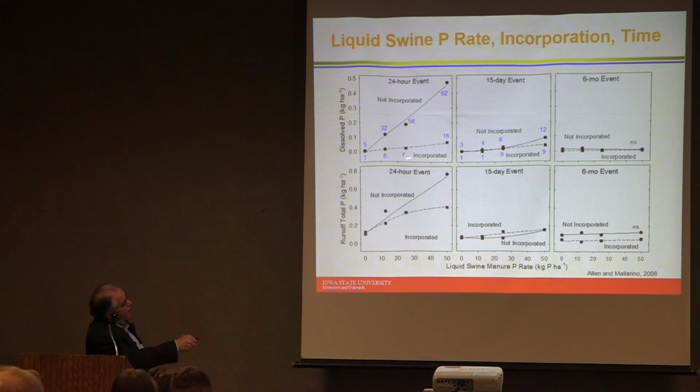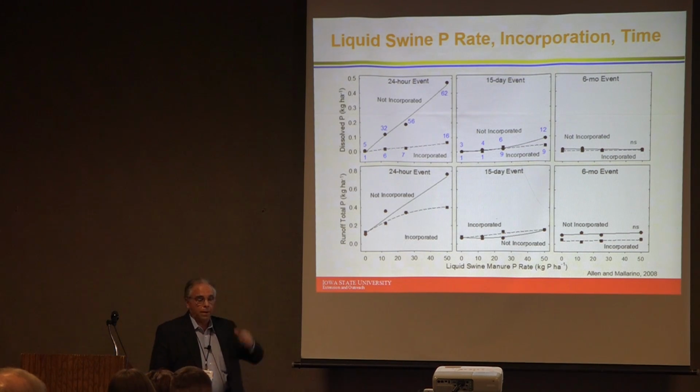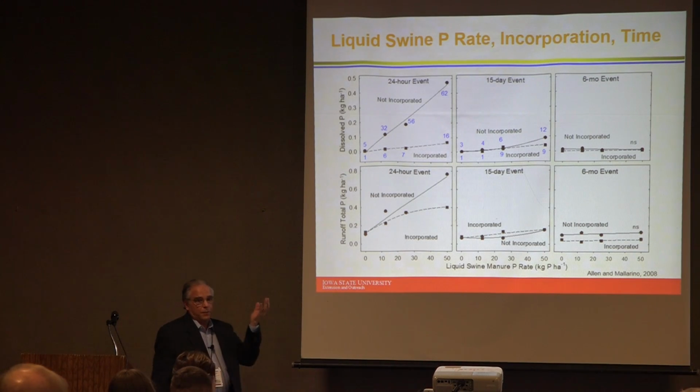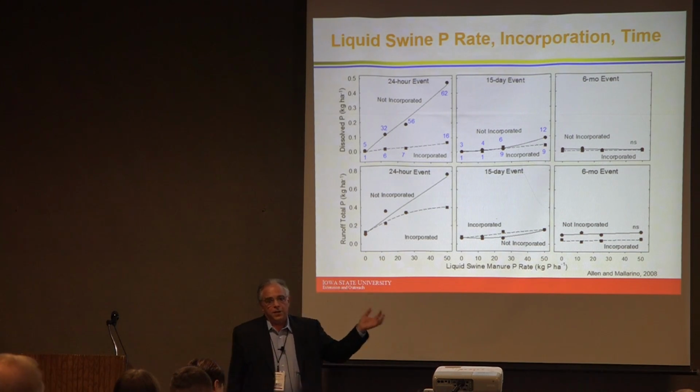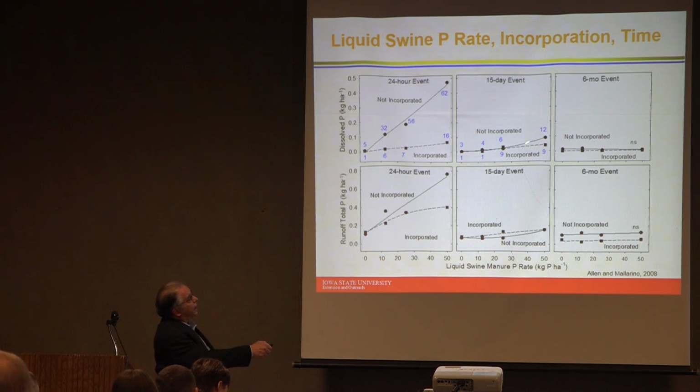Look especially at the dissolved P, and it's about the same for total P. Without incorporation, as we applied P, phosphorus goes with runoff. If it is incorporated, there's not that much. But just 2 weeks of the phosphorus sitting there on the surface without a runoff cut that a lot.